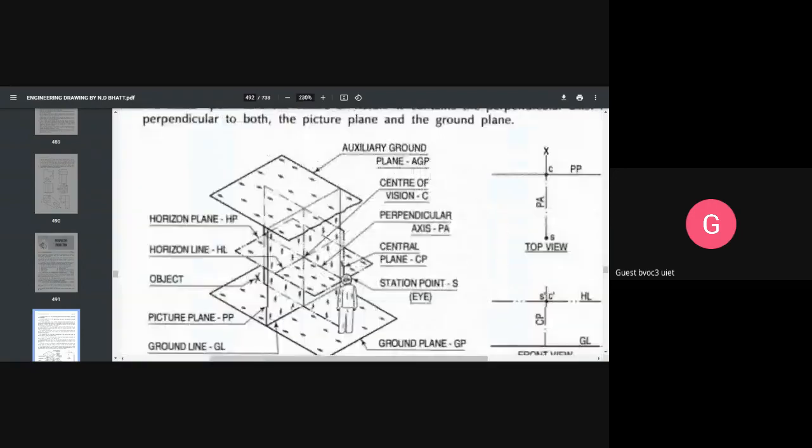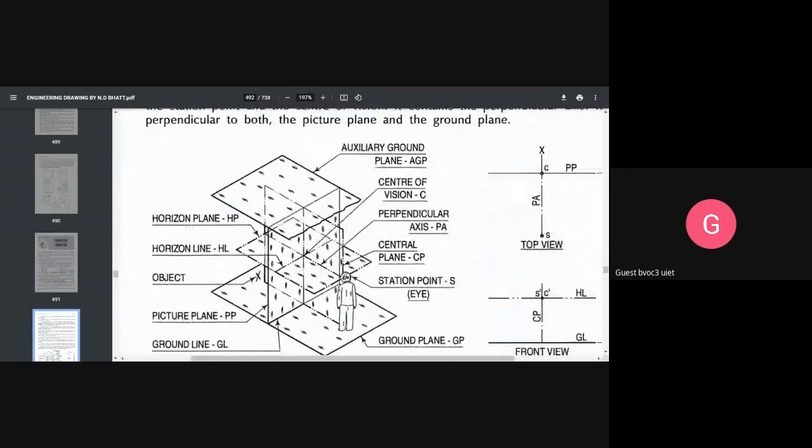Then the center of vision, it's a point. If you can see, this is the point. It is the point at which the perpendicular axis meets the picture plane and is called the center of vision.